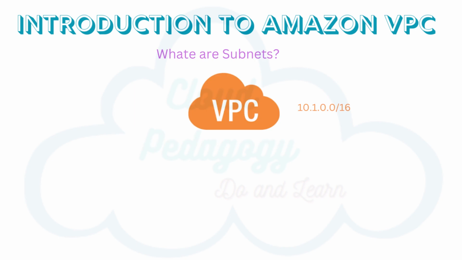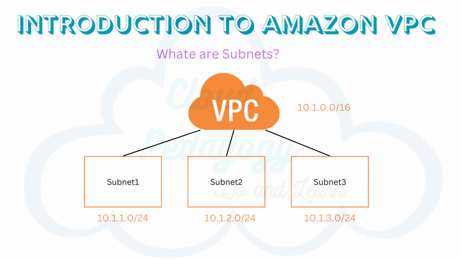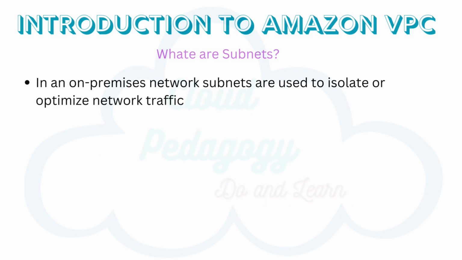After you create your VPC, you then divide the space in the VPC into smaller segments called subnets. Think of subnets as smaller networks inside your base network or virtual area network, which are VLANs, in a traditional system, obviously an on-premises network. In an on-premises network, the typical use case for subnets is to isolate or optimize network traffic.